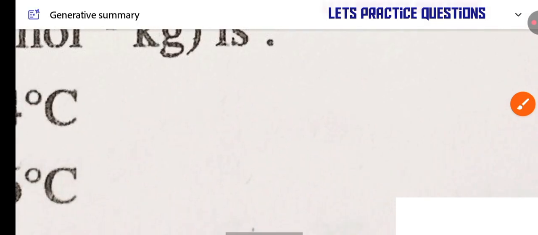Let's solve the question. Here we have to calculate molality of urea. First of all, the moles of urea is equal to 5 gram mass divided by molar mass, 60, that is 1 by 12 mole.